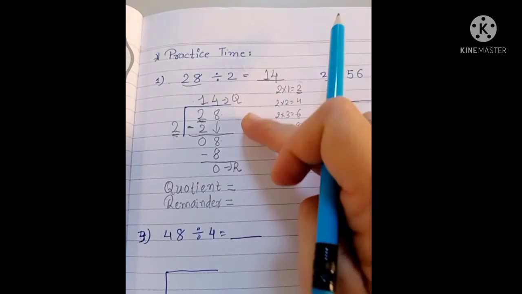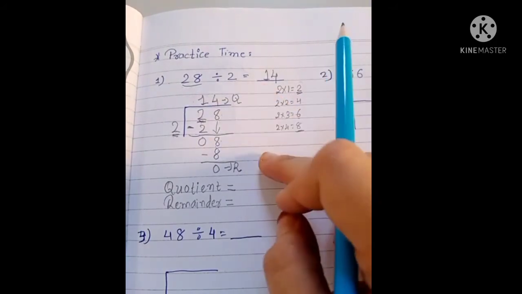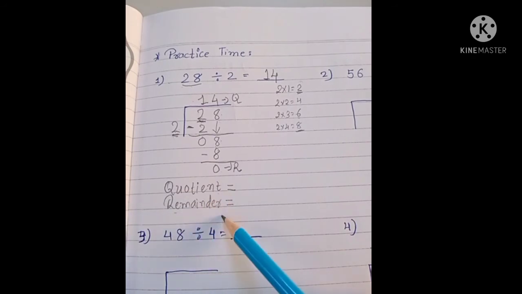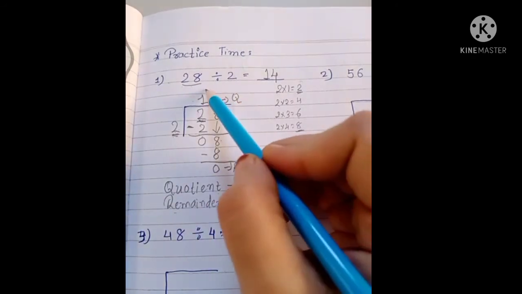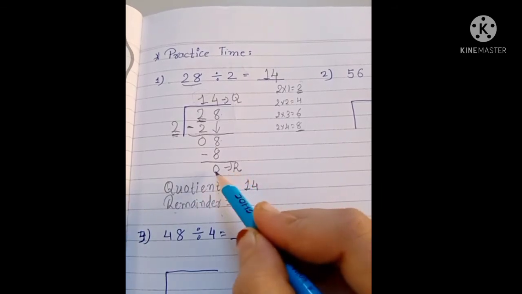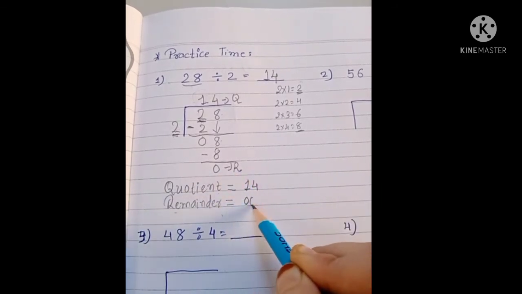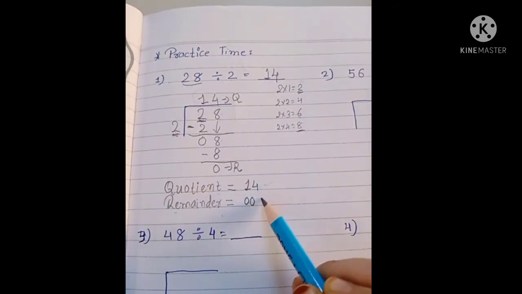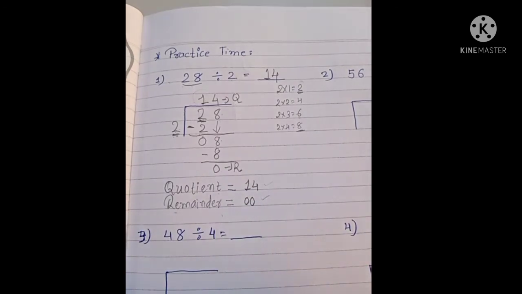After you do the division this way, as I instructed you, at the end you have to mention quotient and remainder also, right? Our quotient is 14, so here you have to write down 14, and the remainder you get is 0, or you can write only 0 also. Understood everyone? So this is the most important thing you have to do whenever you are solving a division.